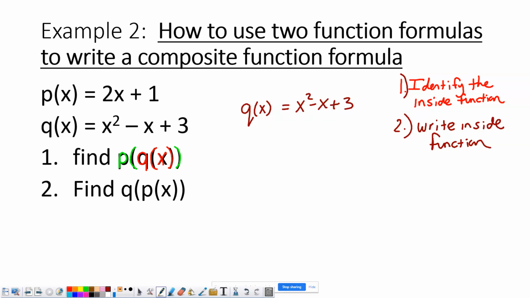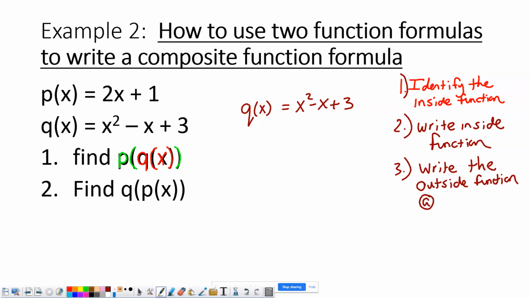Okay? So that's step 2. So identify your inside function and then write out what the inside function is. And then step 3 is going to be write the outside function, but keeping two things in mind.